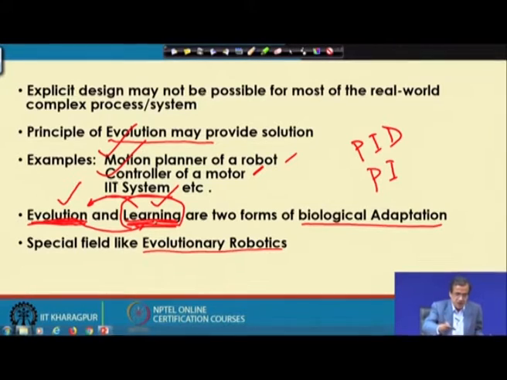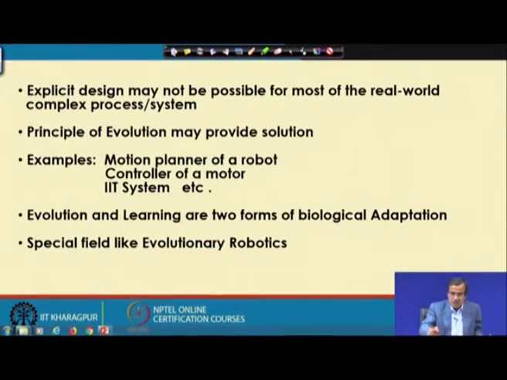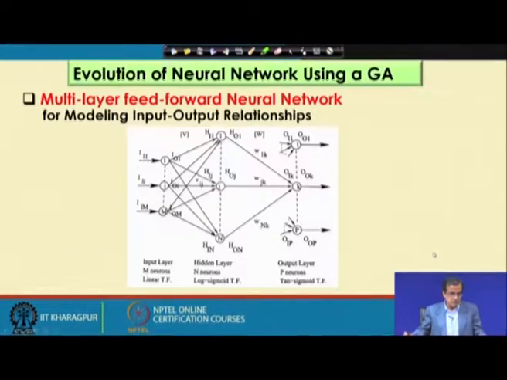Let us see how we can combine and take advantage of both these techniques. Now, let me concentrate on how to evolve a suitable neural network using a genetic algorithm.